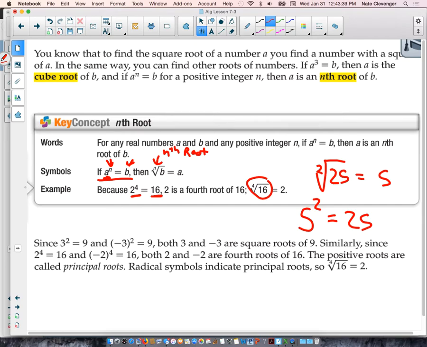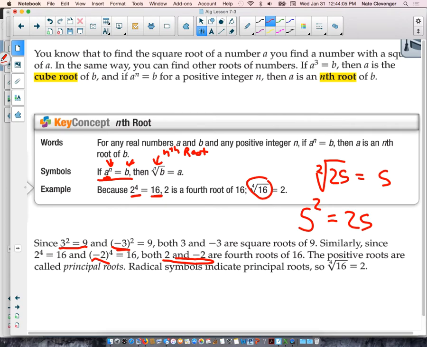Probably need to read this. Okay, you've got 3 squared equals 9. Negative 3 squared is also equal to 9. So both of those are square roots of 9. 2 to the 4th is equal to 16. Negative 2 to the 4th is 16. So both of those are roots of 16.